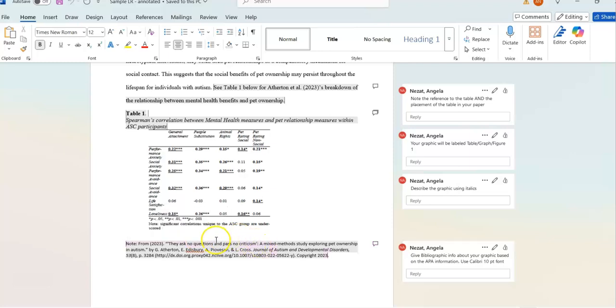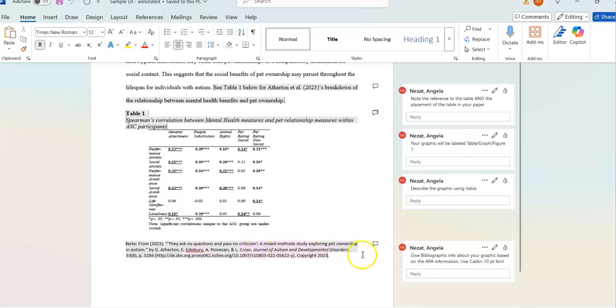Then you include the by, then you name your authors. But you note that I haven't inverted them like I do on my bibliography. This is a note, so you note it's just different.